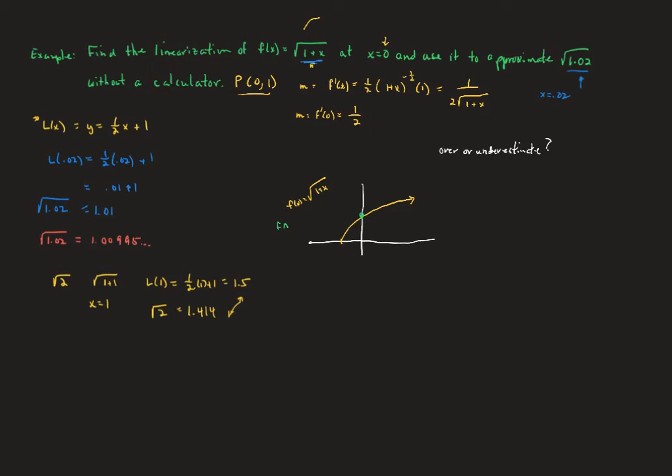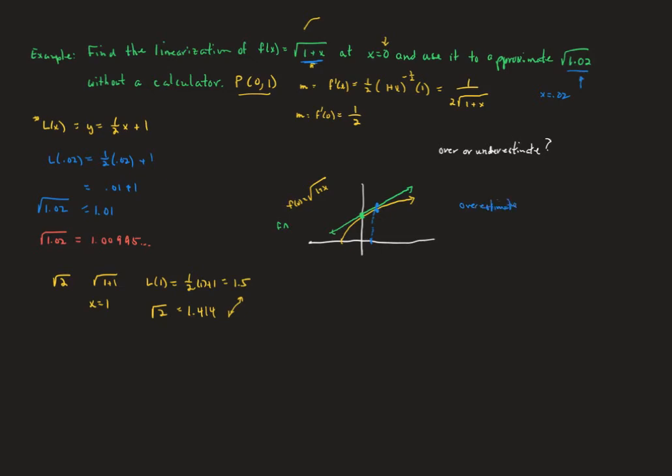So our tangent line at x equals 0, which we're using to approximate the function, because the original function was concave down, if we use the tangent line to approximate the value of the function somewhere other than 0, we can see that this will be an overestimate.